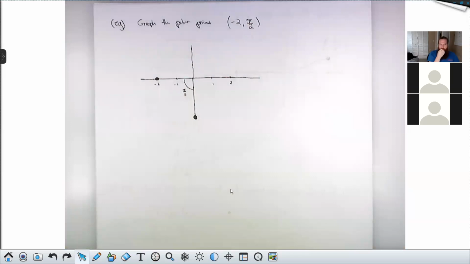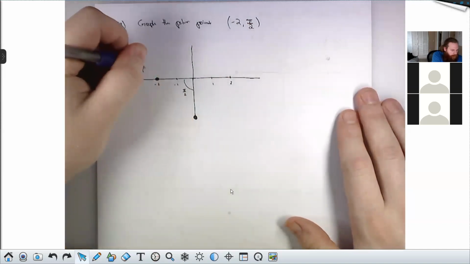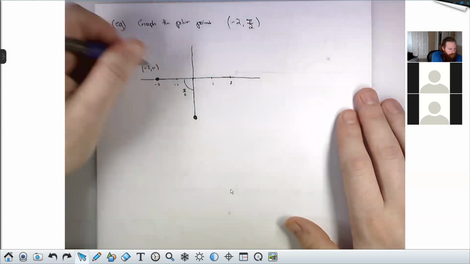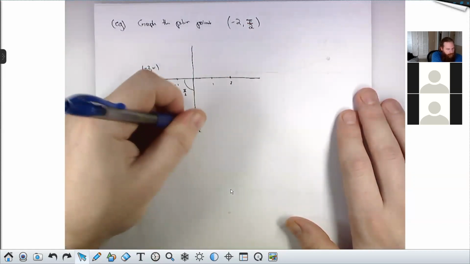But there's another way to think about it. So let me label these points just so we don't get lost. This is the polar point, -2, 0. This is the polar point, -2, pi over 2.